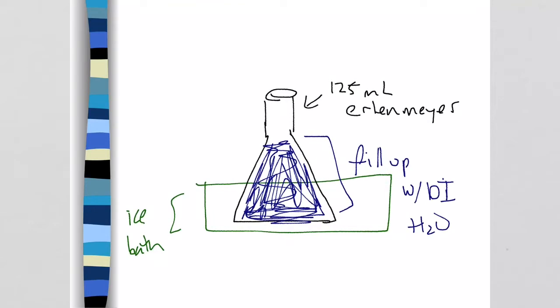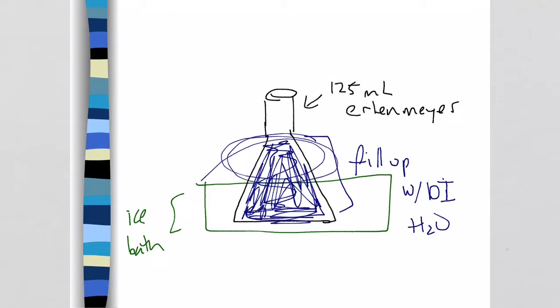And this is problematic. Number one, it's way more liquid than you're going to need to rinse your crystals. Also, all the stuff that's above the ice bath isn't going to get cold. And so when you're adding it, you're not really using cooled solvent.